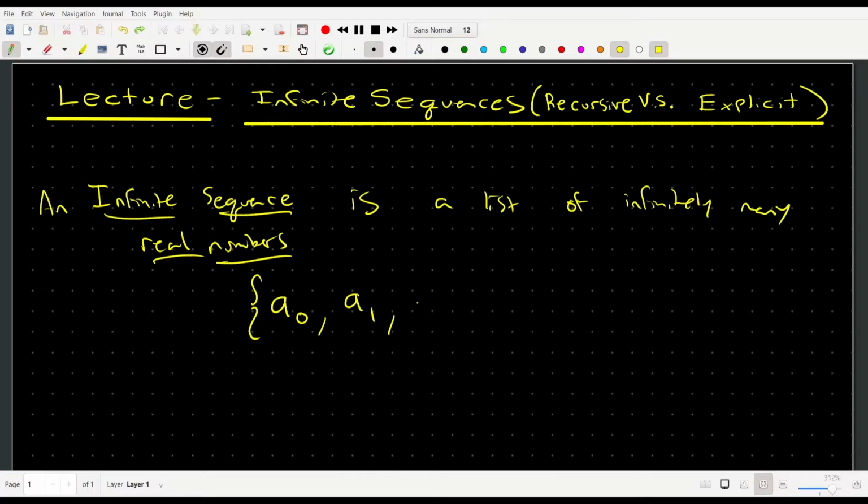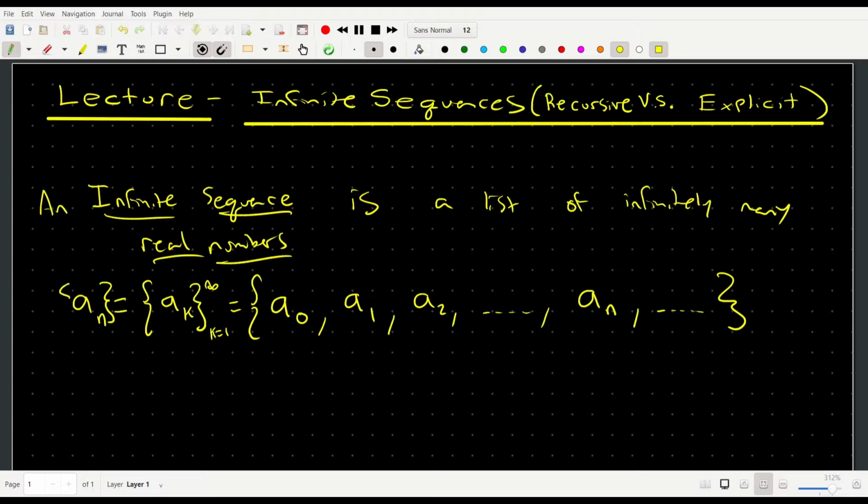So A0, A1, A2, and so on, all the way up to some AN, all the way up to infinity. We sometimes abbreviate this as AK for K from 1 to infinity, or sometimes just AN to denote this list of values.